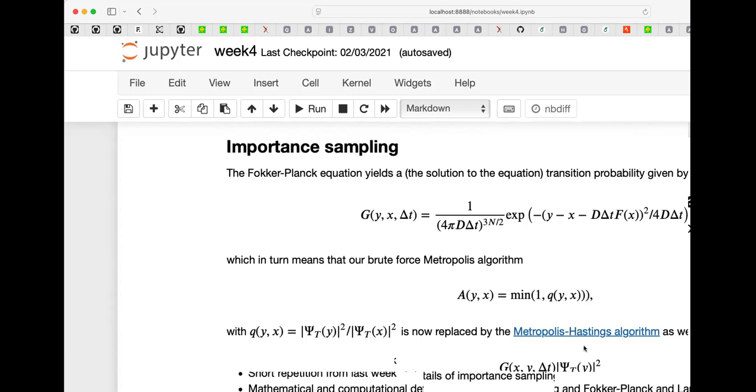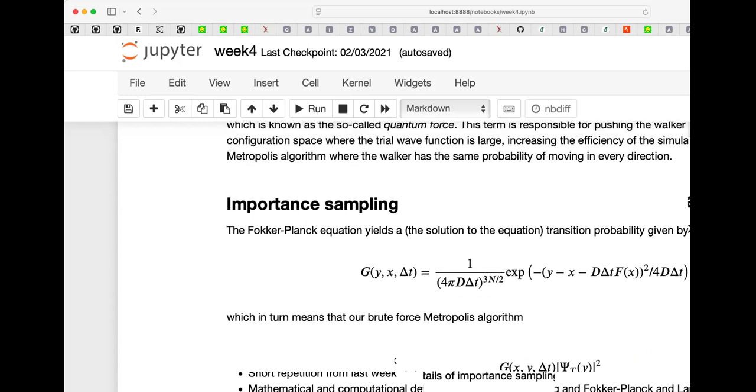Because in the standard Metropolis algorithm, we assume that going from x to y and y to x is equal. And that means that these two here cancel each other out. So we are only left with this term. And this is the standard Metropolis test, which we have been implementing until now.